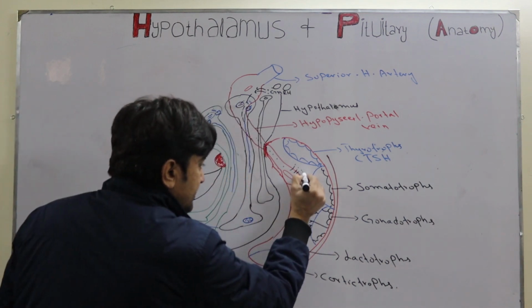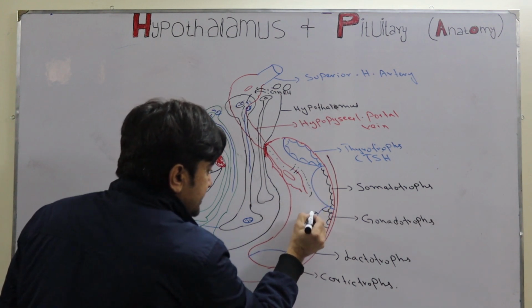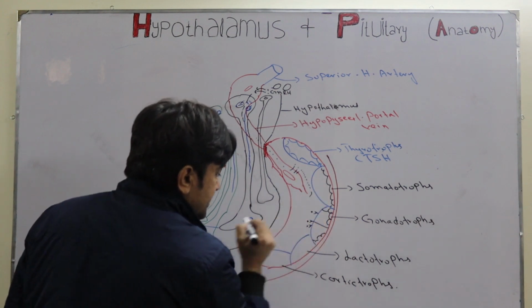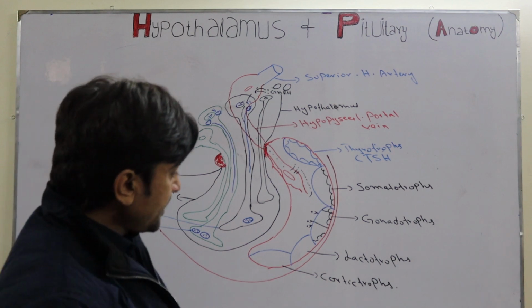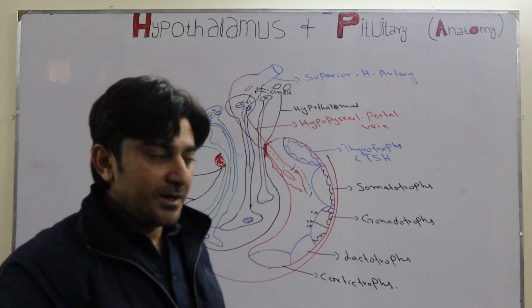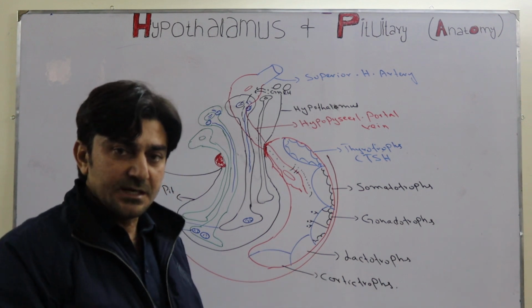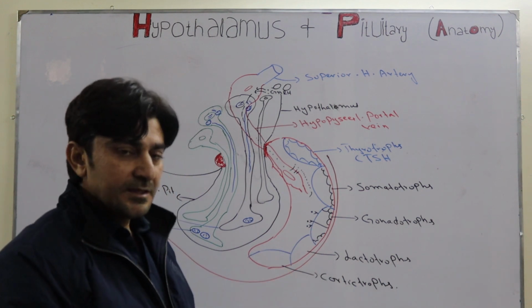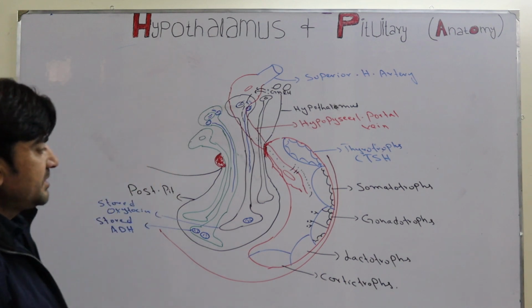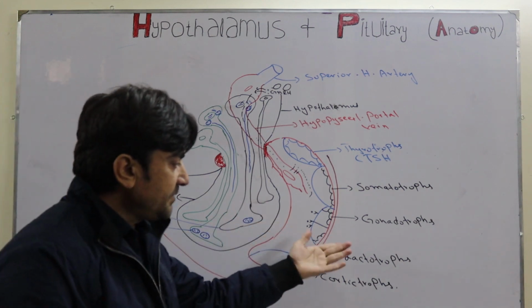So this GnRH moves here and binds with its own receptor. When it stimulates its receptor, then in response these cells start to produce LH and FSH hormone and then secrete it.